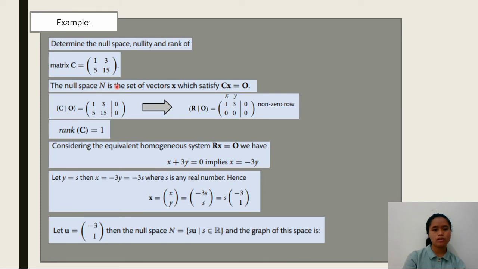Example: this is a matrix C. Determine the null space, nullity, and the rank of matrix C. So null space N is the set of vectors X which satisfy Cx equal 0.